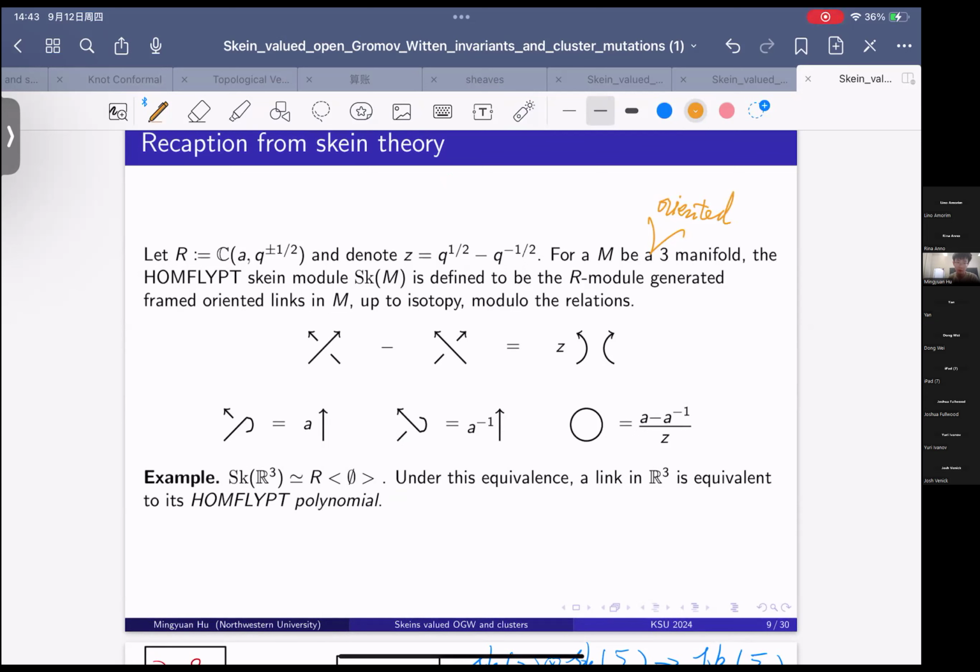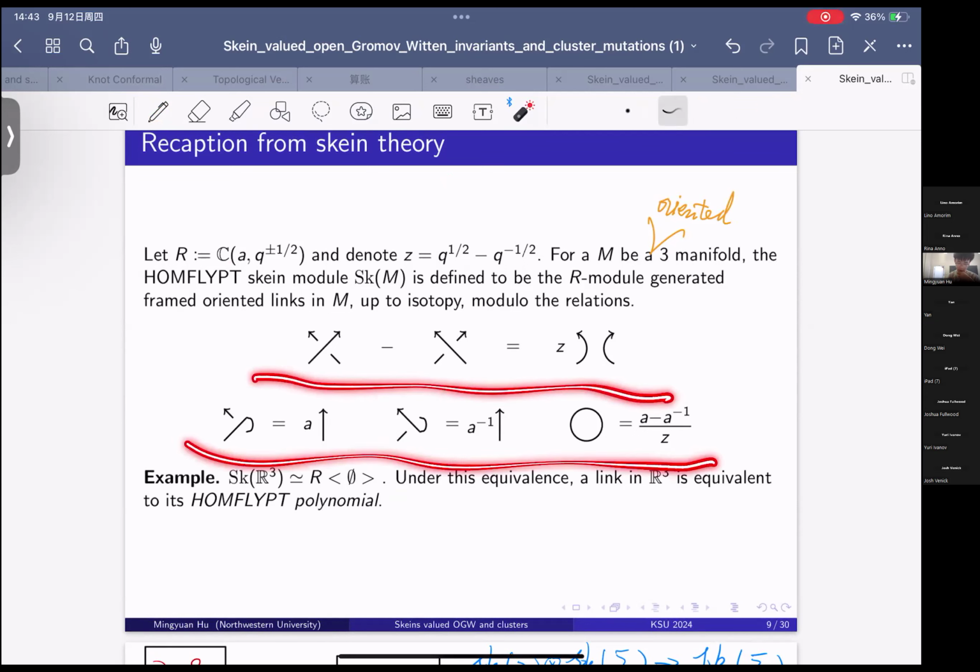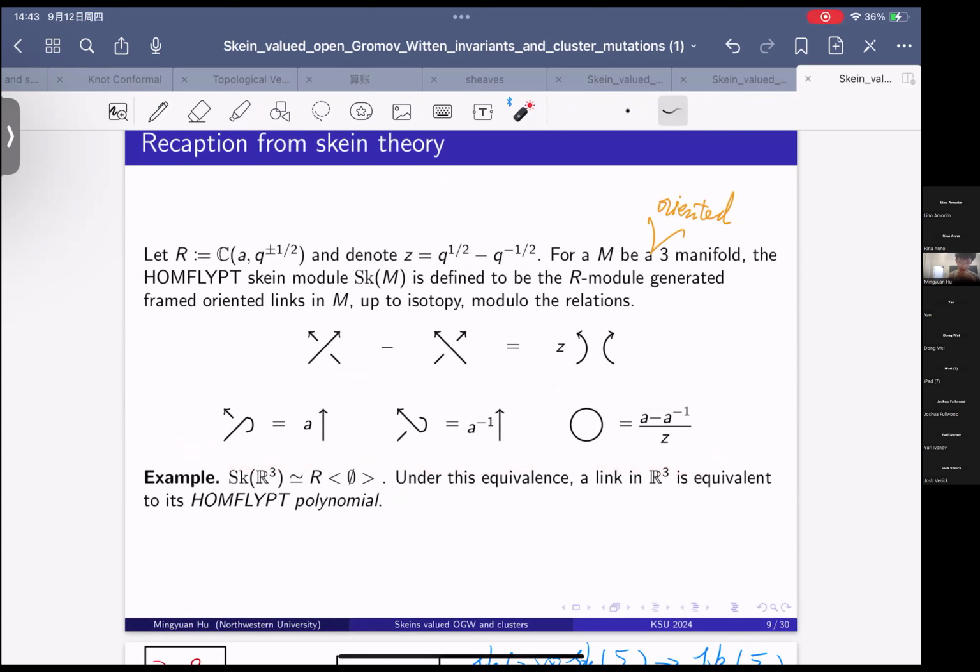First, you take the free R module generated by all the links. An element here is just a linear combination of some links, but we want to mod out by some relations, which is this three. Note that actually we consider framed links, meaning that for each link we pick a section of the normal bundle.